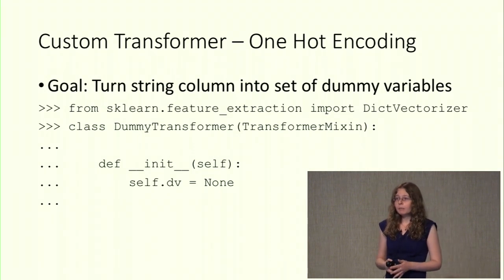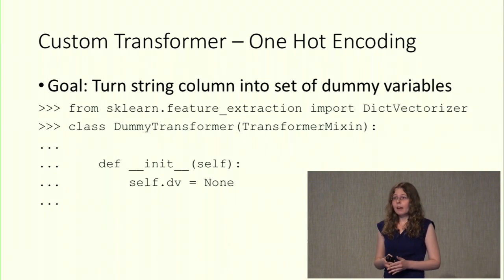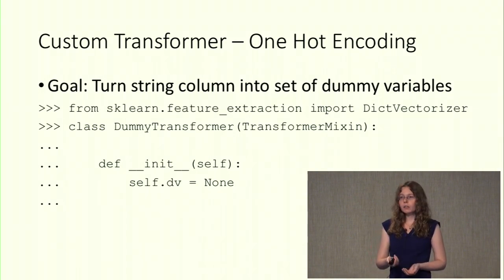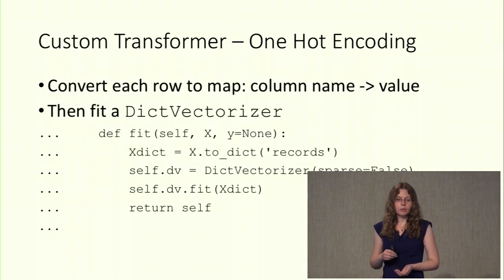And there's a great built-in transformer that does this called the dict vectorizer. But the dict vectorizer doesn't have the input and output we want. So we'll create a class and create a field to hold that internal transformer. And I'll call this the dummy transformer.